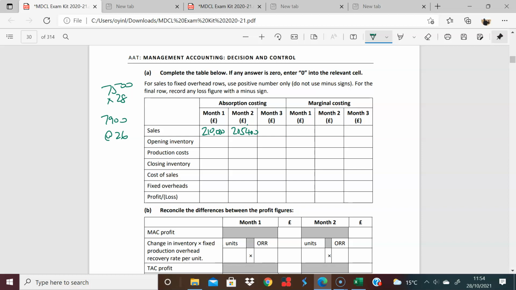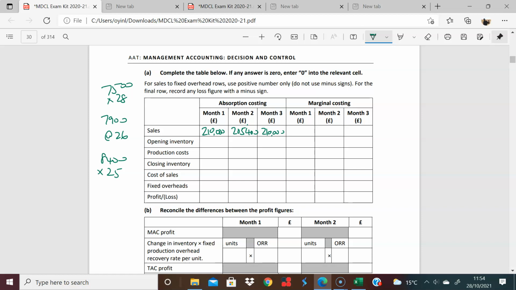And for month three, we sell 8,400 times £25. What do we have? 8,400 times 25 is 210,000. So that's the first three months.